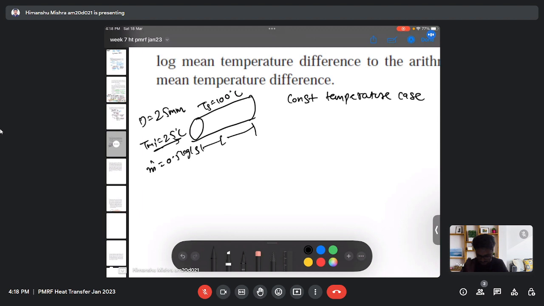So to determine the temperature profile, we will be using the expression for the temperature profile valid only for this constant temperature case.